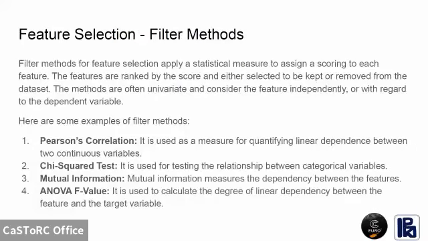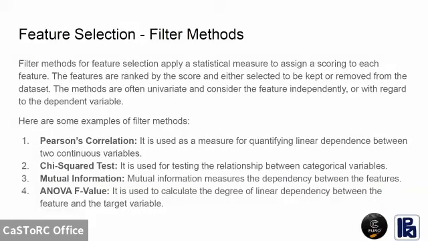What are these methods? The filter methods filter things using statistical methods in order to assign a score to each feature. How can you do it? For example, you can use Pearson correlation, chi-square test, mutual information, or even ANOVA score, in order to measure statistical significance between the input variable and the output you are trying to predict.